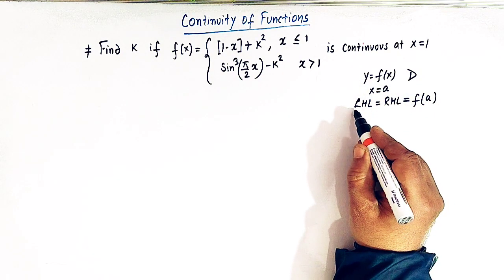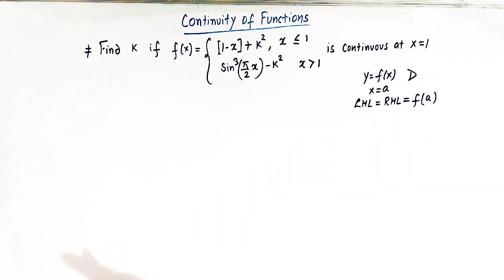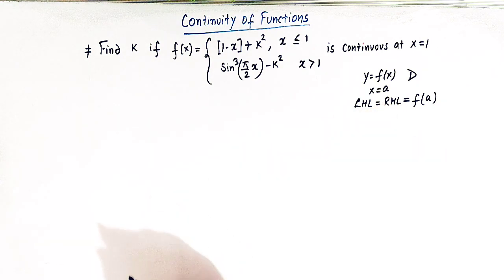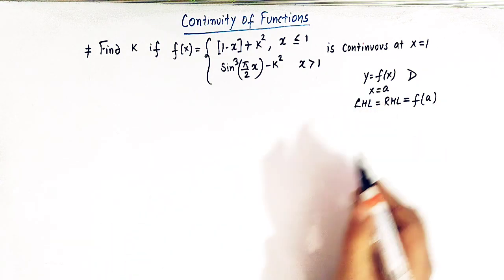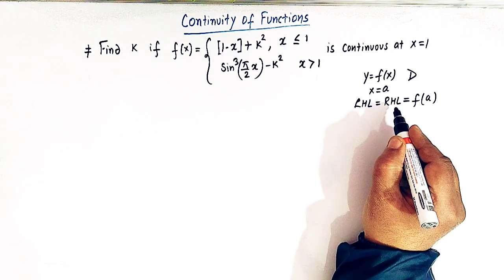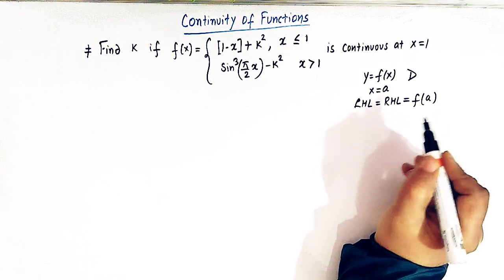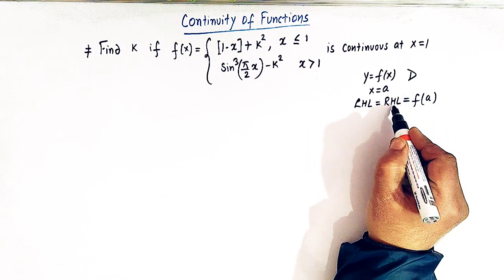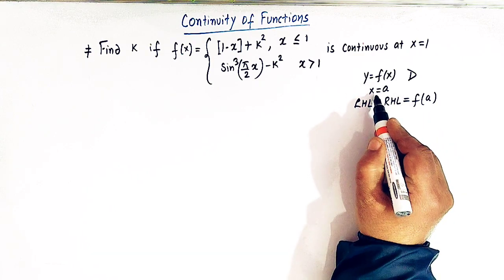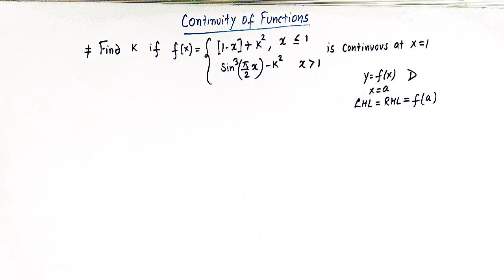The left hand limit and the right hand limit should exist finitely, that is, they should have finite values. Moreover, both limits should be equal to each other, and equal to the value of the function at the given point, x equal to a.